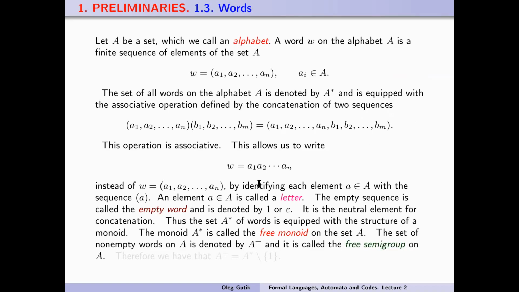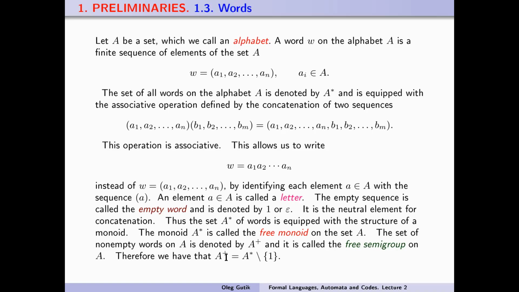Also, the set of non-empty words over an alphabet A capital we denote by A sub plus, and this set with the usual operation of concatenation of words is called the free semigroup on an alphabet A capital.